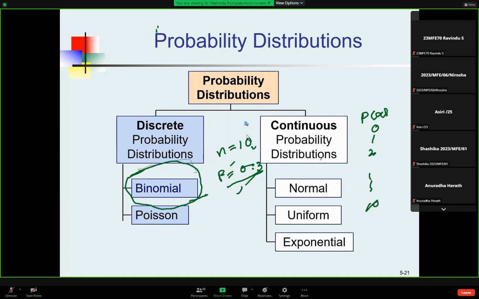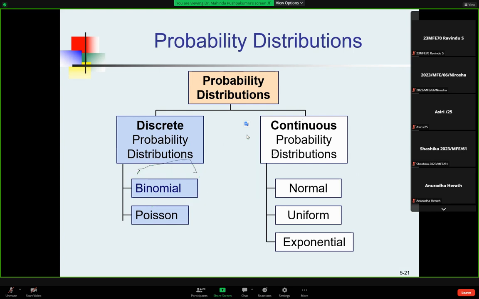Then if the probability of calling interview is 0.3, you can see what is the probability that you will be called for 2 interviews, maybe 3 interviews, 4 interviews, like this. These types of probabilities you can calculate using binomial distribution. Then another one we have Poisson. Later we will discuss this. Today discussion is about binomial distribution.